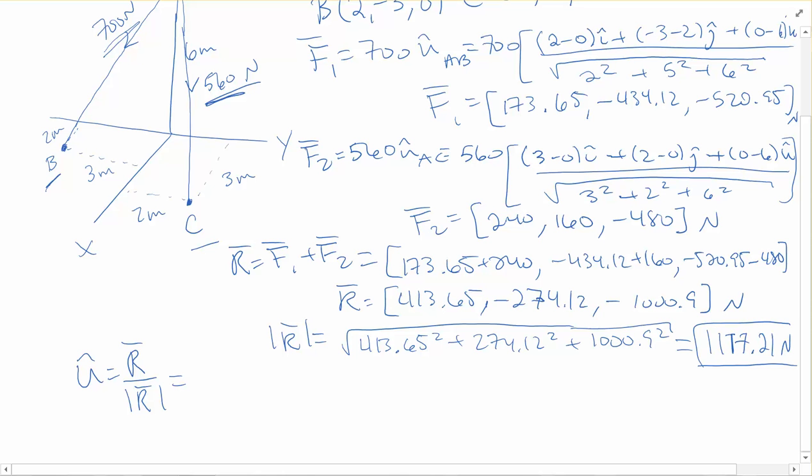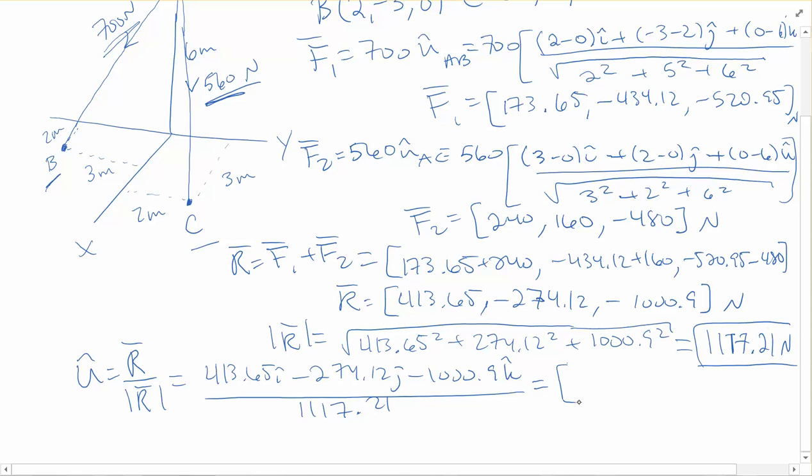We just found both of those, so if we write those out, we get 413.65i minus 274.12j minus 1000.9k, and then we put that over the magnitude we just found, 1117.21.